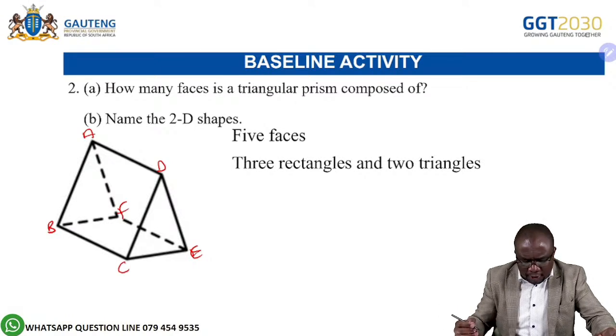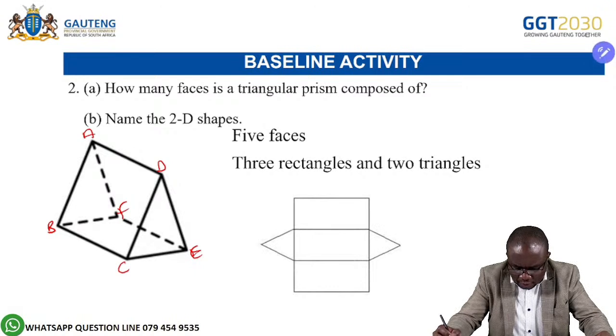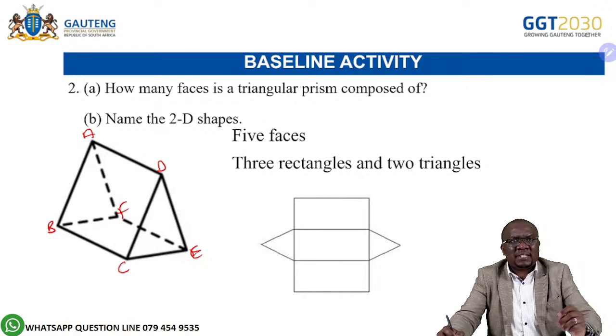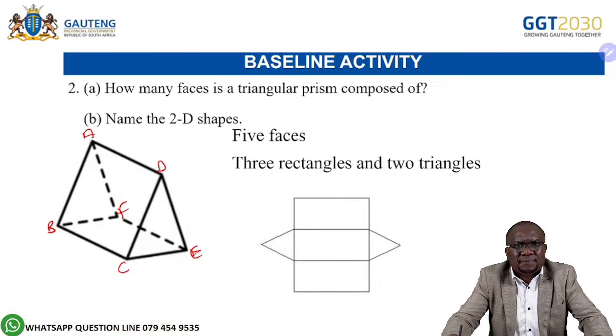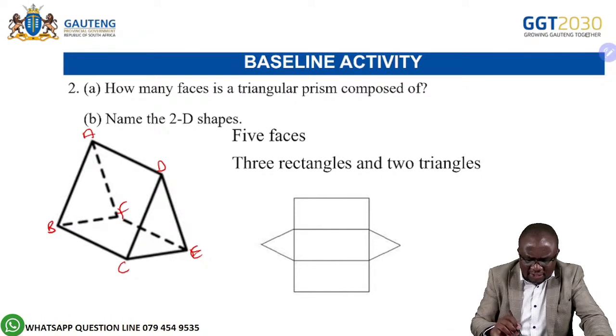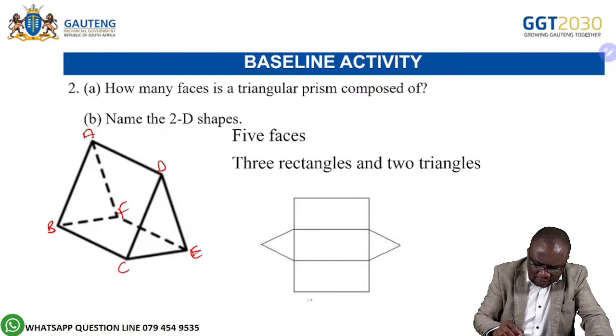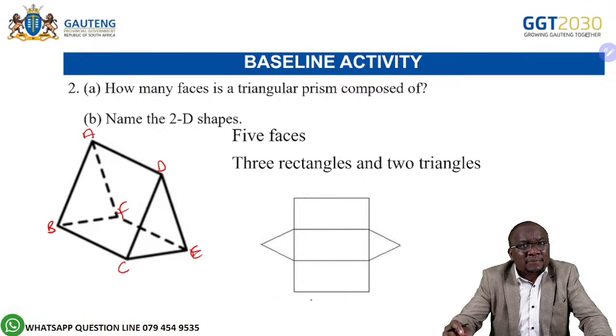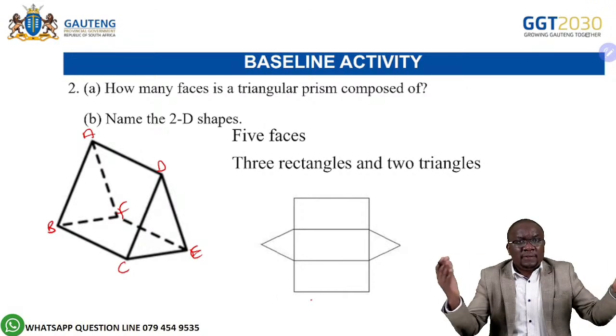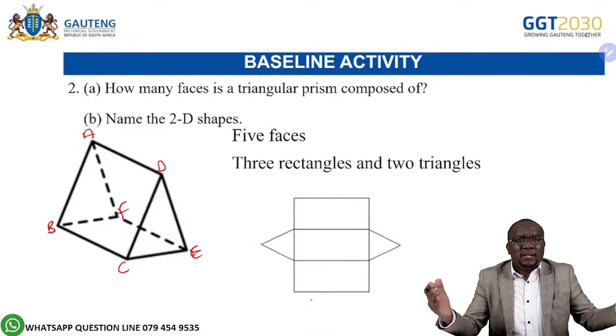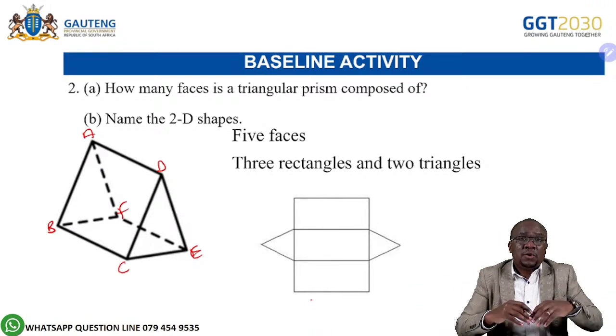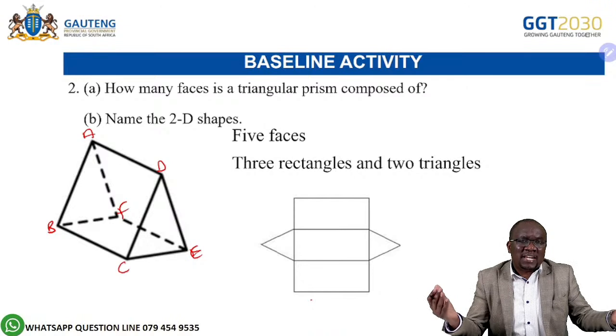So let's move on. This is the net. I want us to talk about the net. What is the net? Can you try to link this net to the diagram there? What happens when we open a prism, like in this case, a triangular prism?